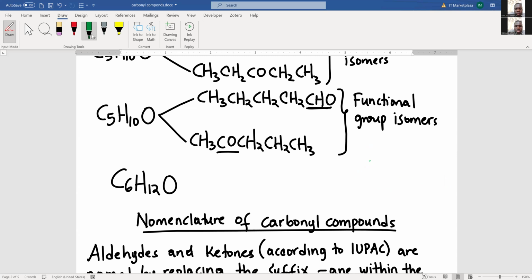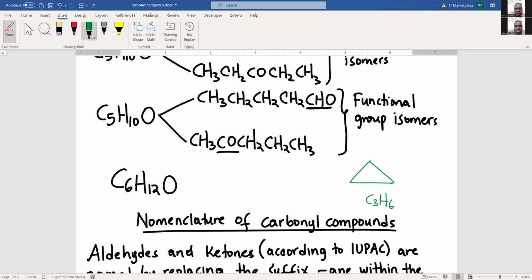I can now consider maybe 3 carbon atoms. For example, this one. Those are 3 carbon atoms, and at each corner there are 2 hydrogens, meaning that this is C3H6.